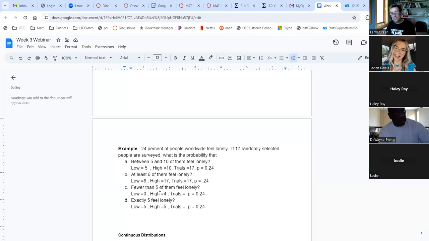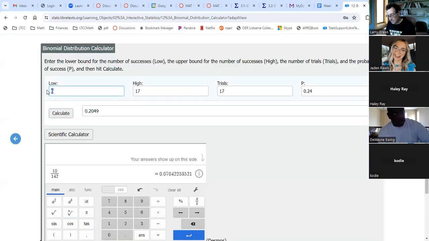The largest number fewer than 5 is 4. Trials is still 17 and P is 0.24. Any questions on this example? So 0 to 4, and that's about a 61% chance. Any questions on that?